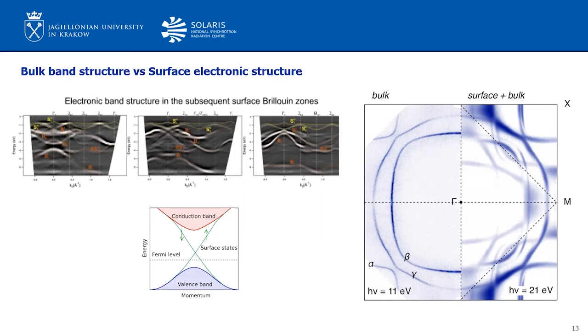But we have also observed resonance states and mixing of the surface states with the bulk states. The bulk bands have the same symmetry as the crystal, while the surface bands are characterized by the symmetry of the surface, of course.